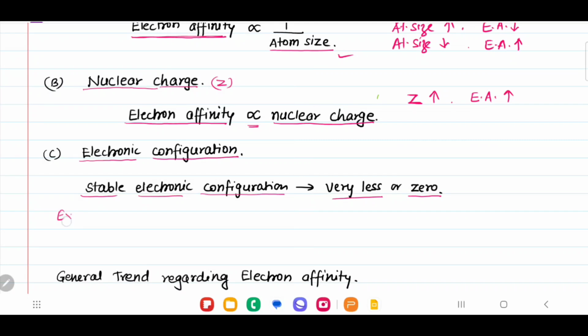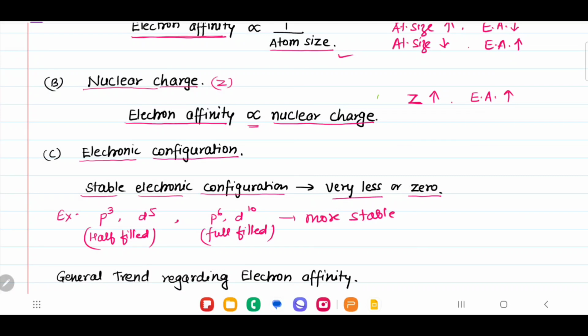Example: p3 and d5 are half-filled orbitals, and p6 and d10 are fully filled orbitals. These orbitals are more stable, so electron affinity will be very less or nearly zero because they show no tendency to attract additional electrons.